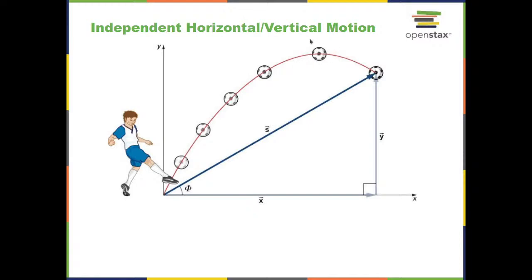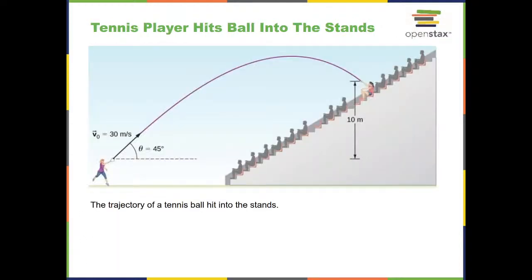Maybe we're asked to figure out how far this football, for example, landed. So those are problems of so-called projectile motion. And they're really just a special class of problems in 2 dimensions where we use a specific acceleration vector.